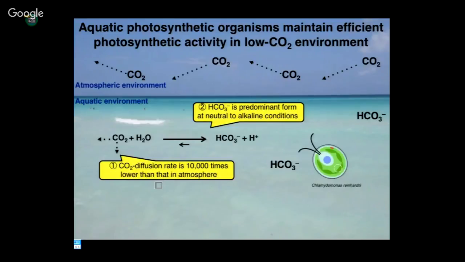So I'm focusing on two problems: one is a diffusion rate problem and the other a molecular species problem. Bicarbonate is dominant in seawater, but bicarbonate is not fixed directly by the Rubisco enzyme.